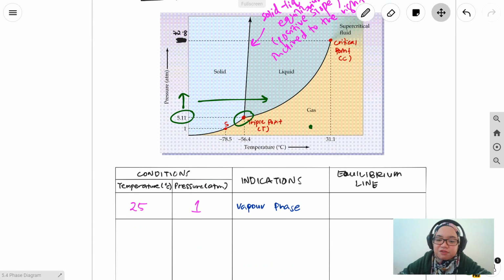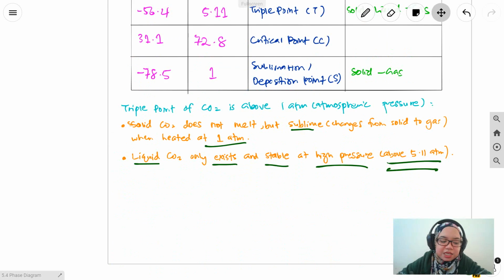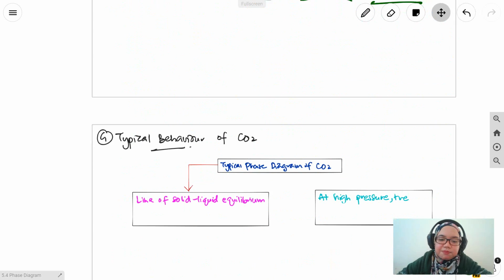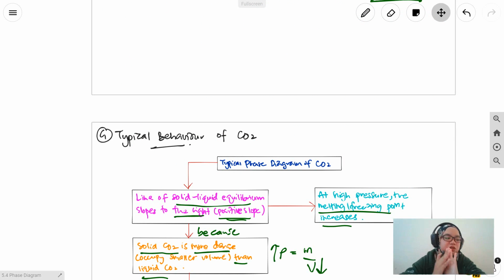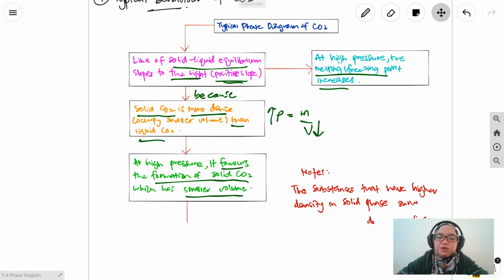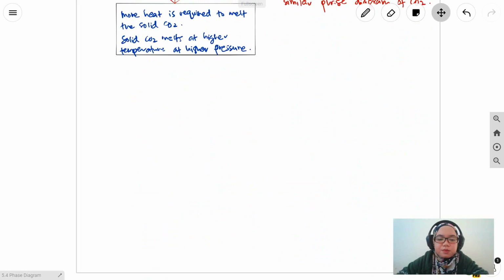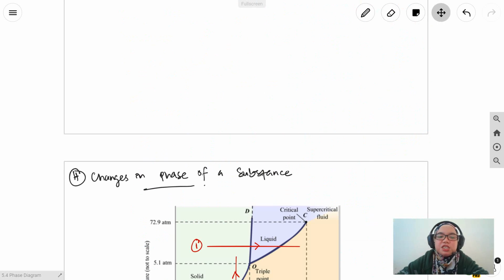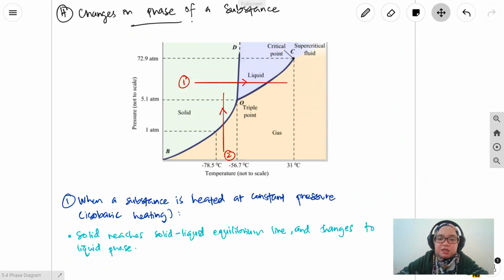Okay. Alright. So, kita dah tengok phase diagram of water and carbon dioxide, dan kita dah explain tentang phase diagram for both component. So, now kita nak tengok the changes in phase of a substance.